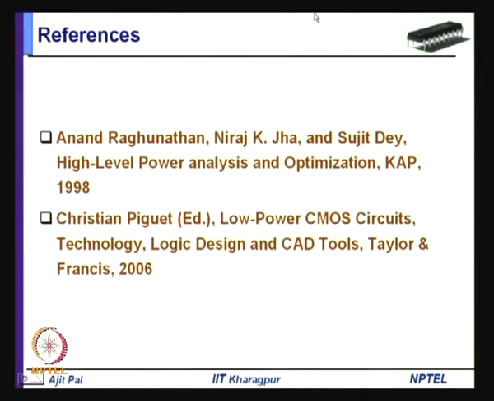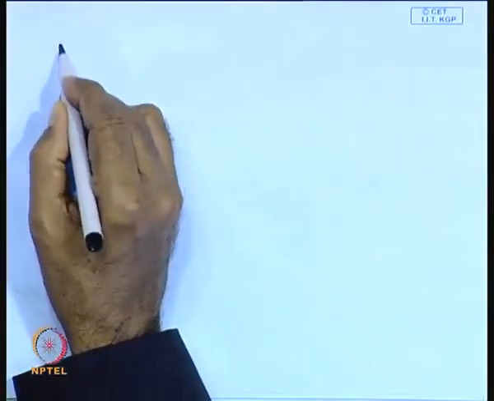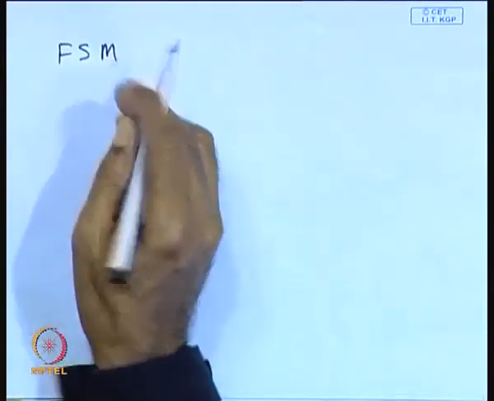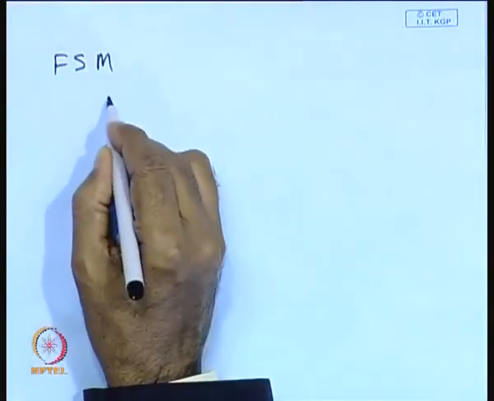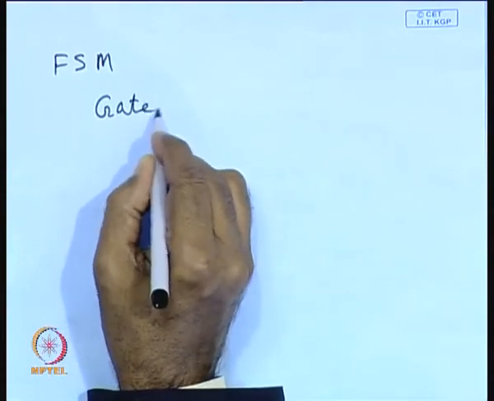So, I can conclude this lecture by summarizing what we have discussed today. First of all, I have discussed 3 techniques for reducing switching activity in finite state machines. The first example was gated FSM.